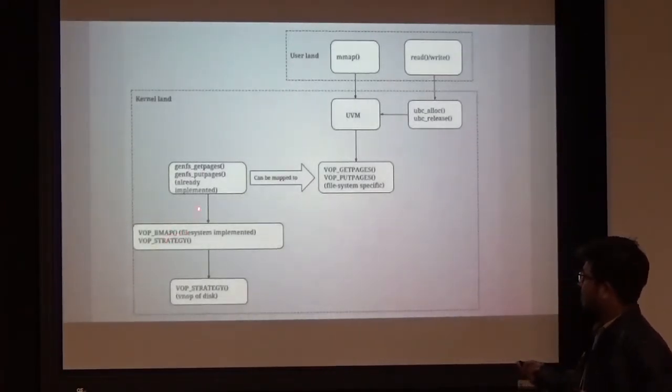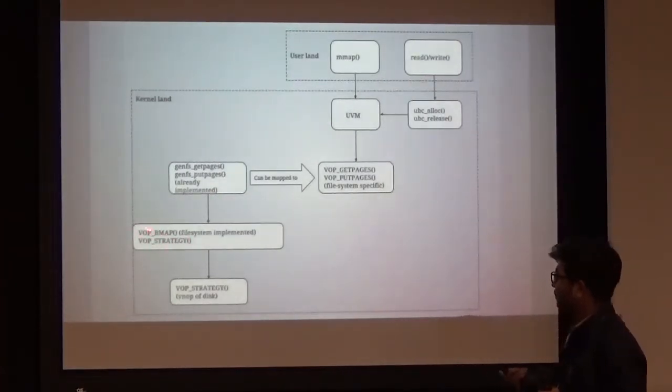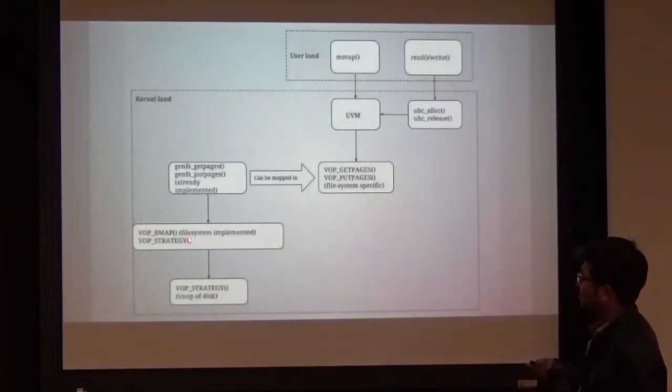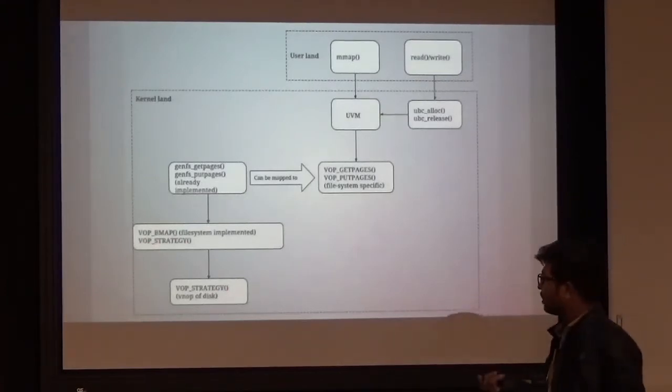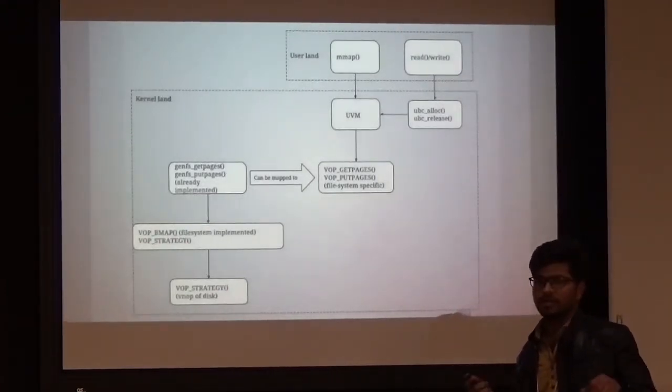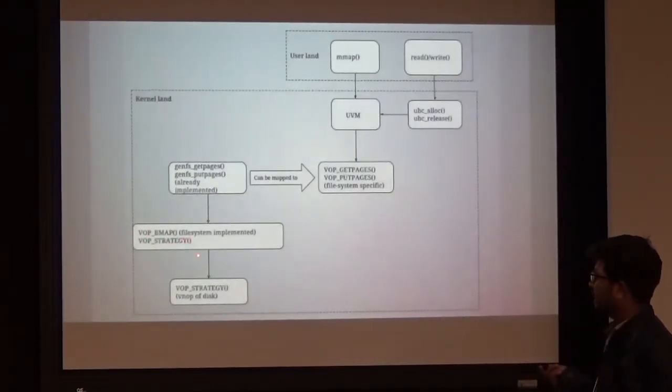So everything is implemented here, and the kernel invokes VOP bmap, which is the file system specific mapping, and VOP strategy is basically for the pages which are not inside the file. VOP strategy is invoked first, and if the data is already there in the page, because it has been requested already, then it would directly return it.